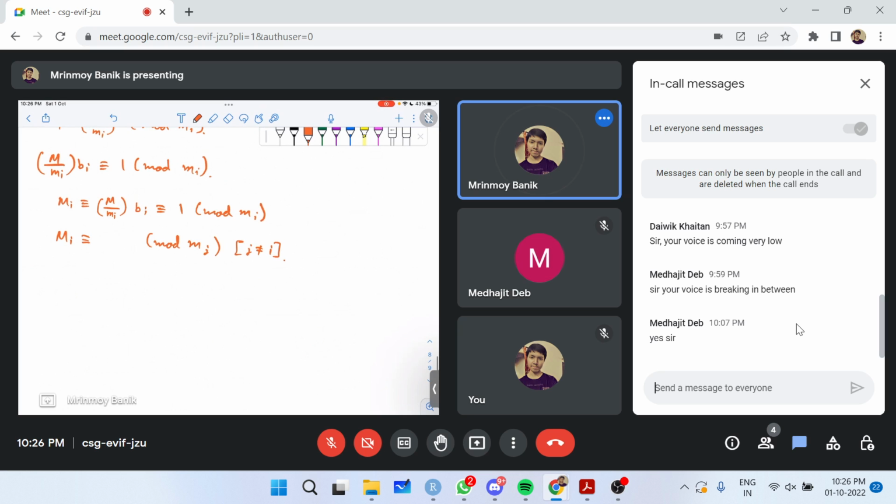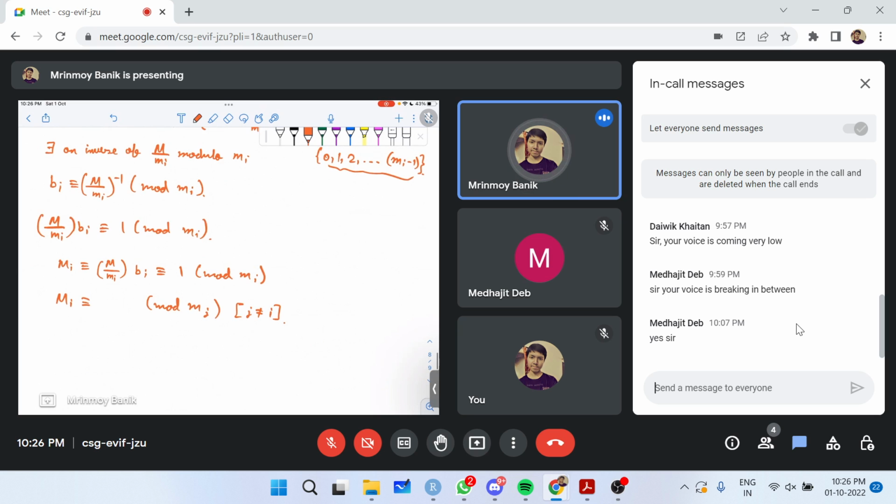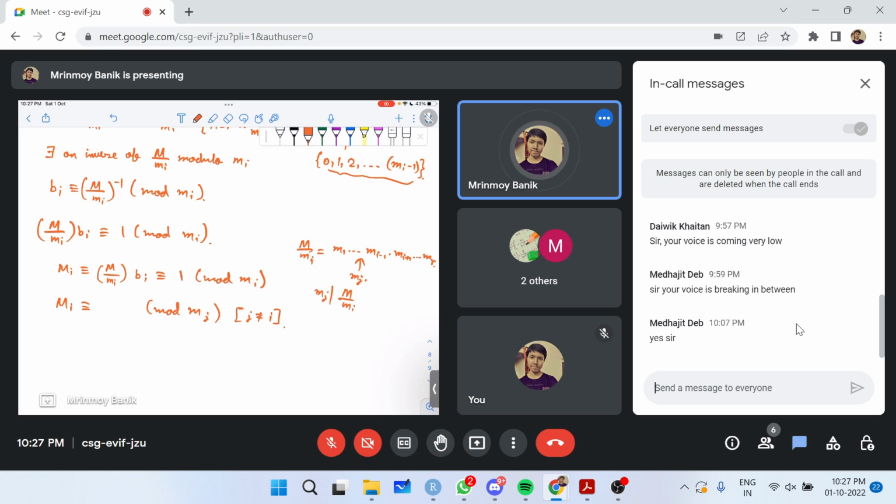This is pretty easy, since you see what M by mi is: m1 up till m(i-1) times m(i+1) up till mr. So it has everything except mi, which means it also has mj somewhere. mj divides M by mi for all j not equal to i.